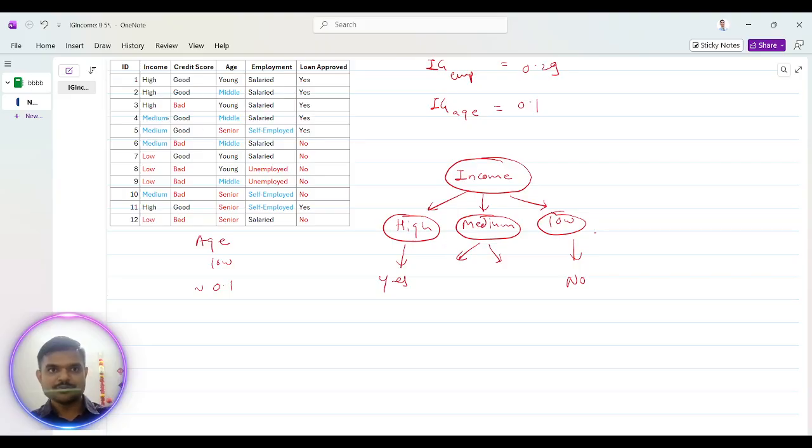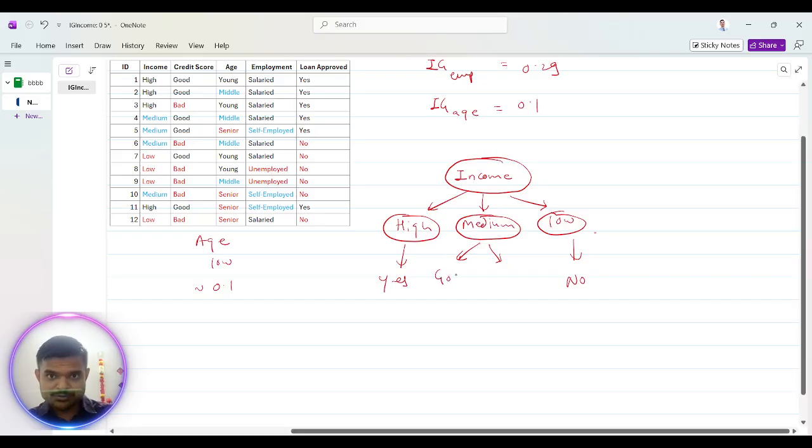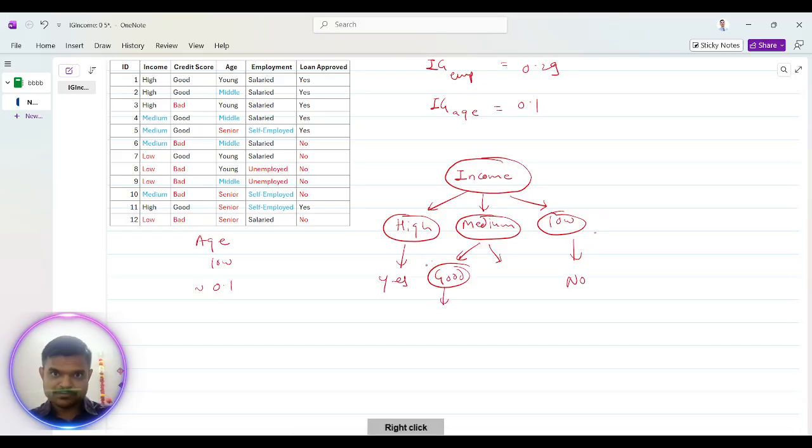if the credit score in the medium income group is good, then the loan approved is always yes.